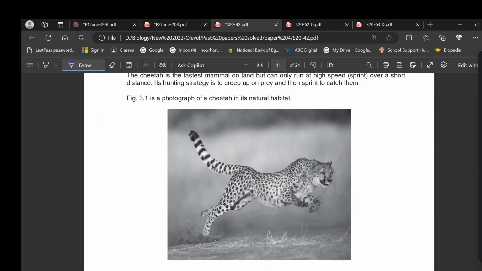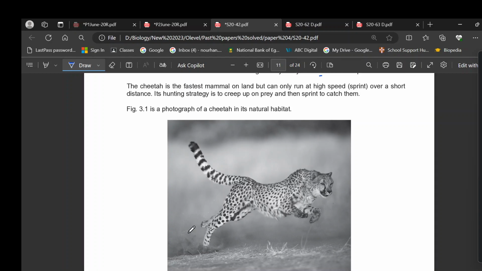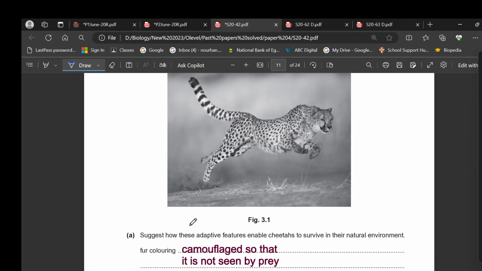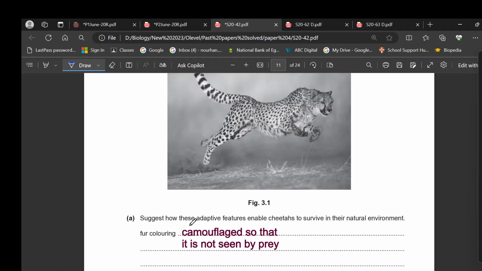He gave you their features and asked why each feature helps them to adapt. The first feature was the fur coloring. The fur coloring is used as camouflage so that it is not seen by their prey. But what about the streamlined body?